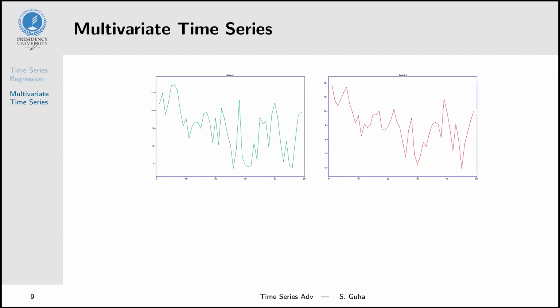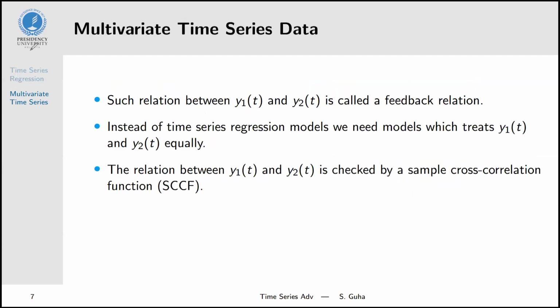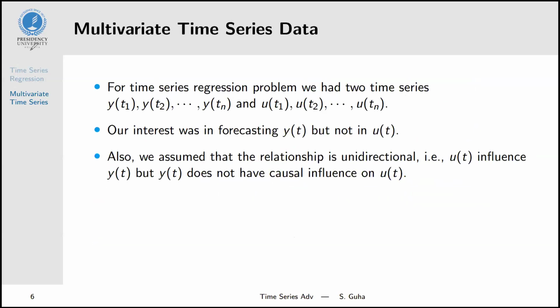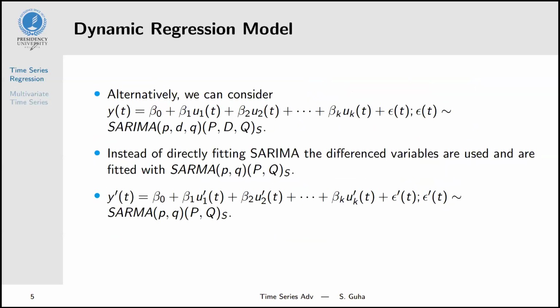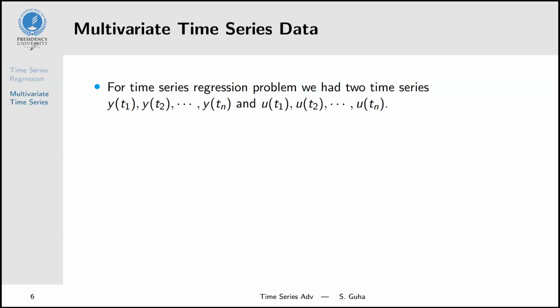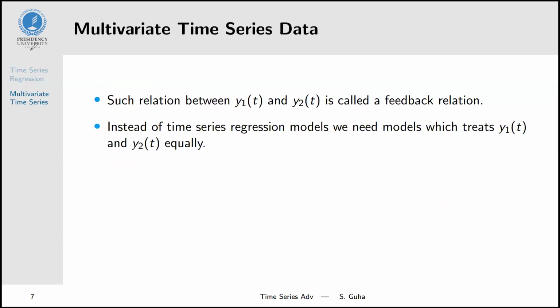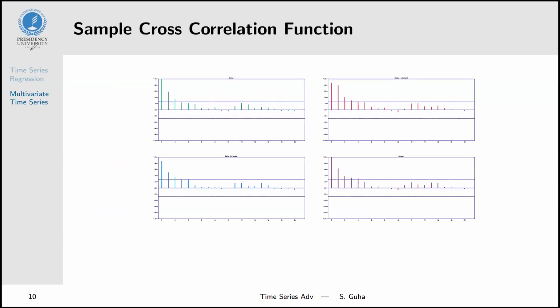First we do differencing, and the approach is very similar to the dynamic regression model problem. Recall that there I told you that instead of directly fitting the SARIMA model, we do differencing, and after differencing, we fit the model. A similar kind of strategy is used also for multivariate time series models.